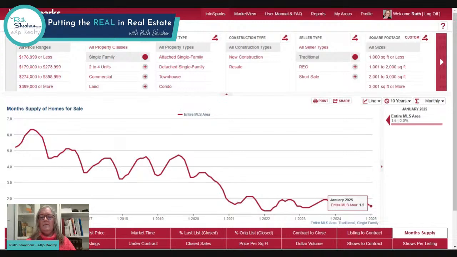So you can see this is our inventory month supply, and you can see how that is, even though it goes up and down every year. It's dropped quite a bit since here, and we've been in this 1 to 1.5, 2 months for some time, several years, since 2021.